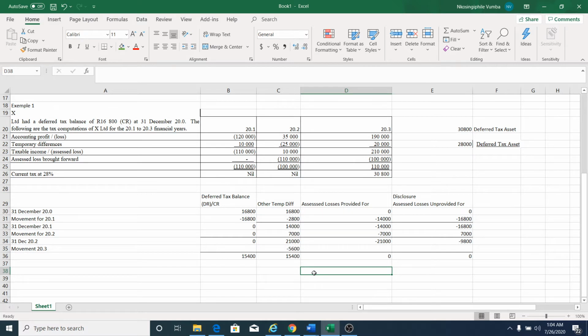15.4, obviously. Let's go. 15.4. And to get to here, it means we need to have... I think I've done something in here.